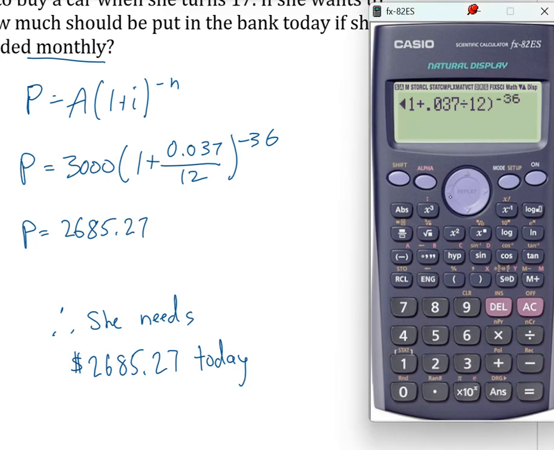This goes back to the idea of whether this is exponential growth or exponential decay. If we forgot the negative, it wouldn't make sense that she would have to deposit $3,300 today in order to save for $3,000 in the future. That's not how interest works.